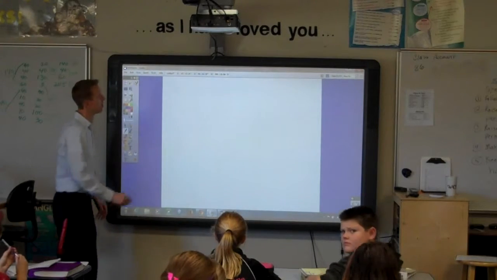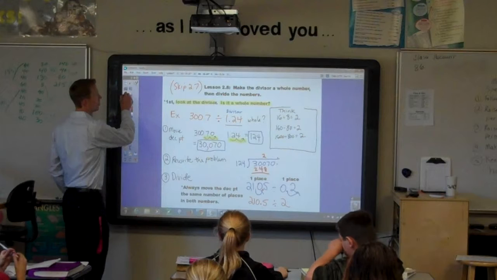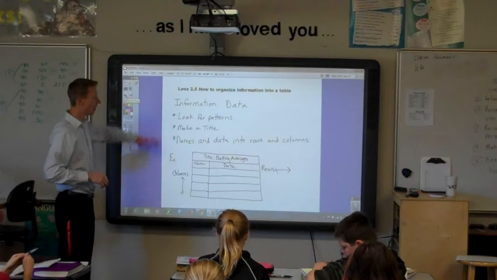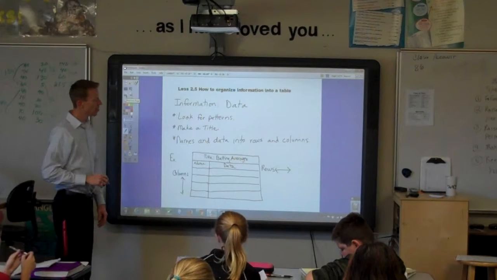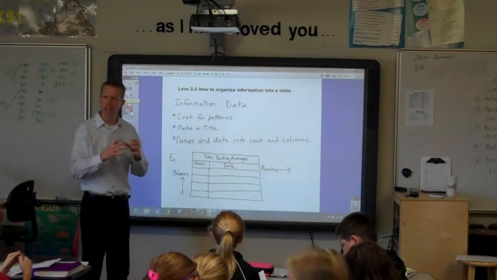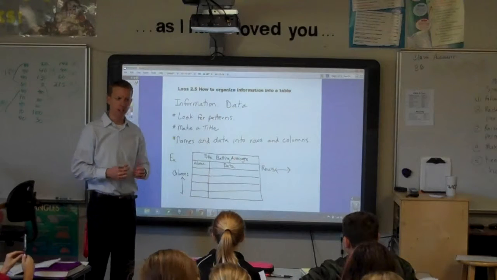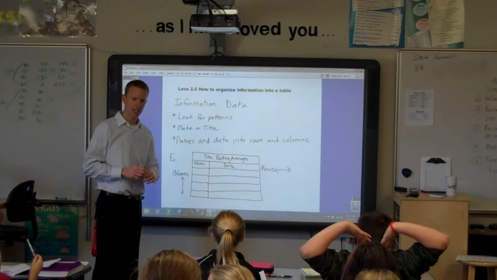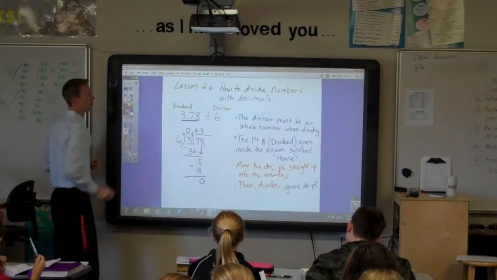Okay, and then, whoops, going back to 2.5, looking for patterns and how to organize information. You're going to be tested on being able to organize your guesses. And you're going to have to do some guess and check questions for the test, where you figure out if this is the right guess or if you need to adjust your guess a little bit.